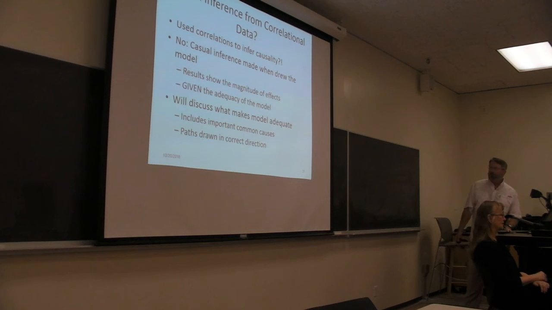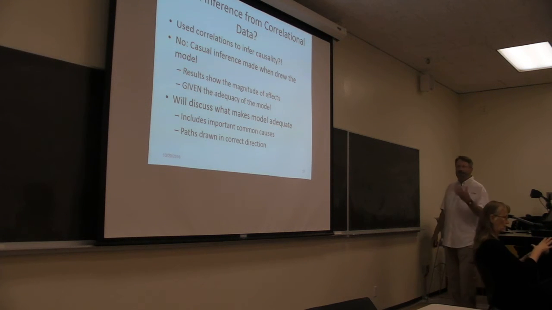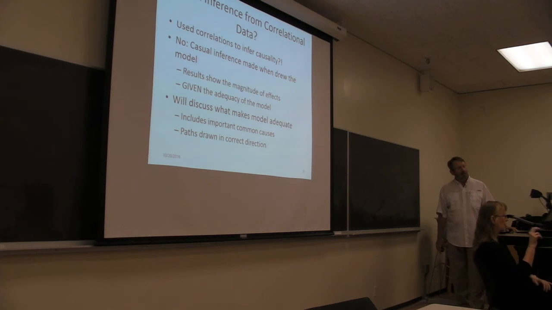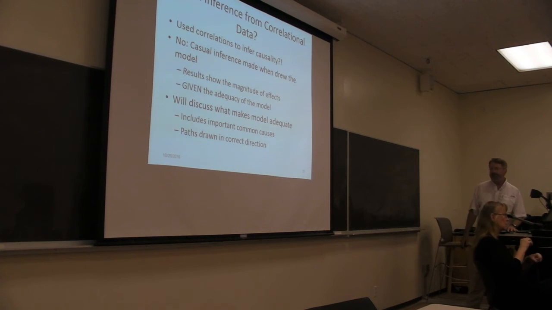So, without going to a lot of detail, I'll simply address the issue of, given the validity of the model, what makes a model adequate? Well, two things. The single most important thing is that you include the important common causes of your presumed cause and your presumed effect.